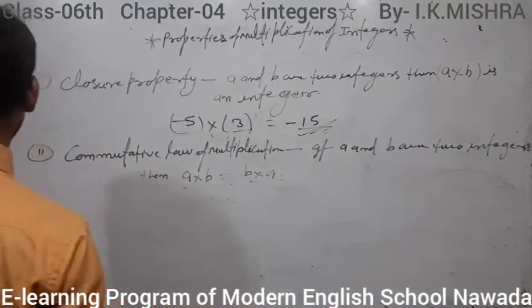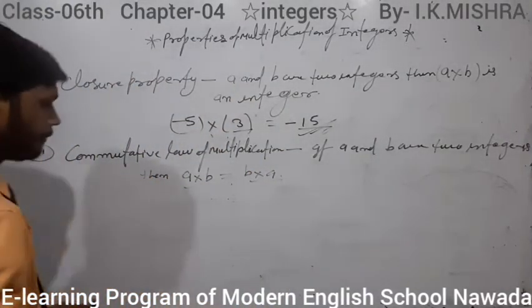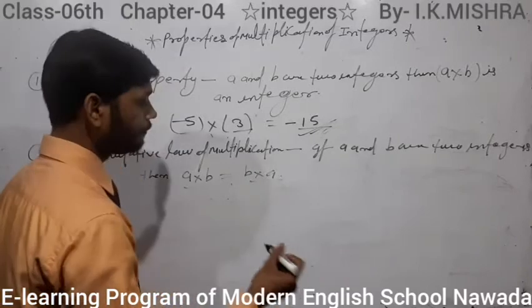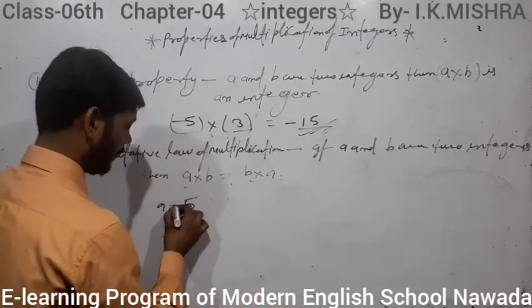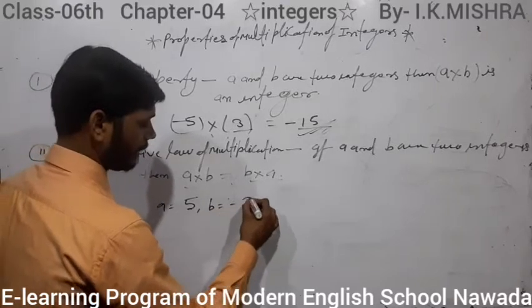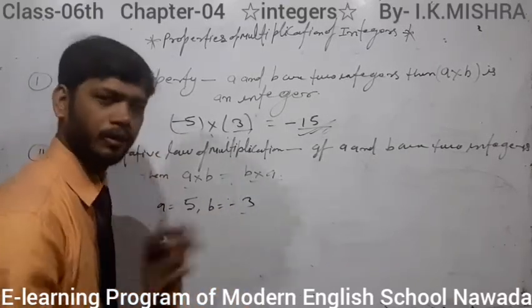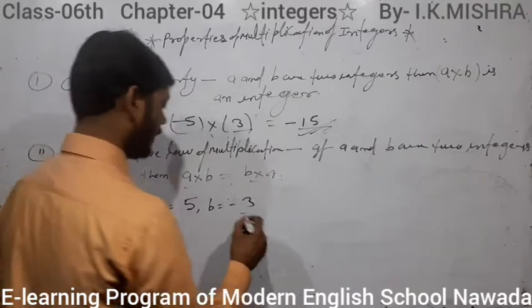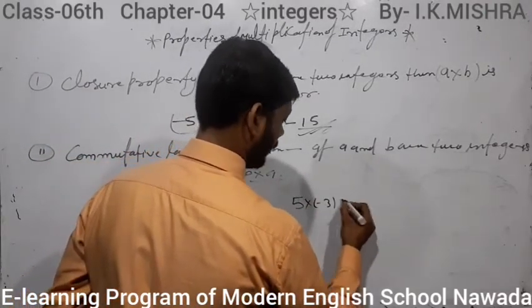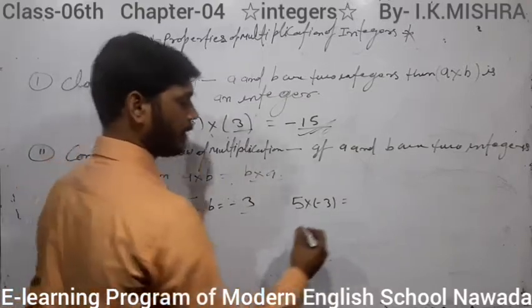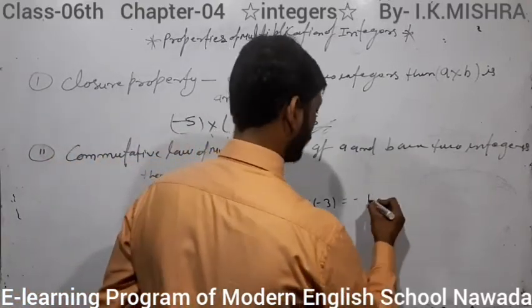Suppose you have to write a equal to 5, b equal to -3. Here are two integers with different signs. Here 5 into -3, that is a into b, is equal to -15.